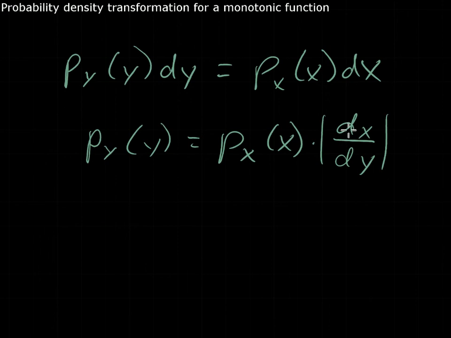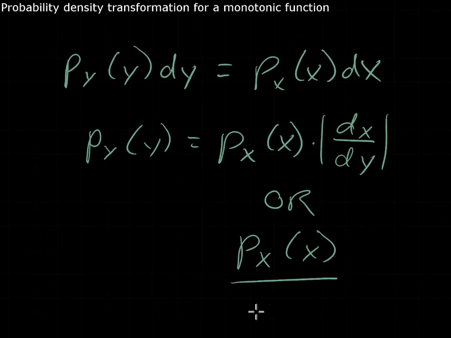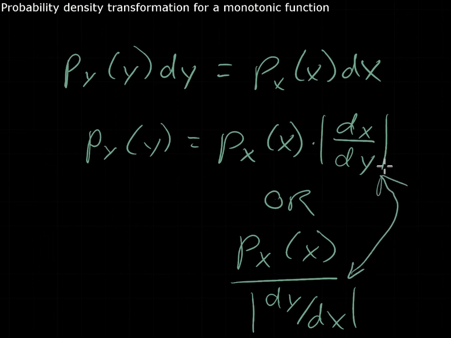So all we need to know really is the magnitude of that transformation function's slope. And to repeat what I said earlier, we can have either this form, or we can also say p sub x of x all over the magnitude of dy dx. Whichever of these two forms is most analytically simple to express is what we'll choose.